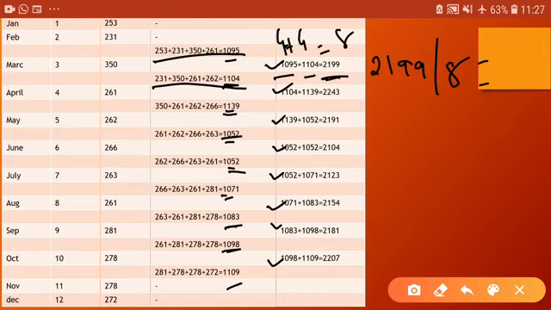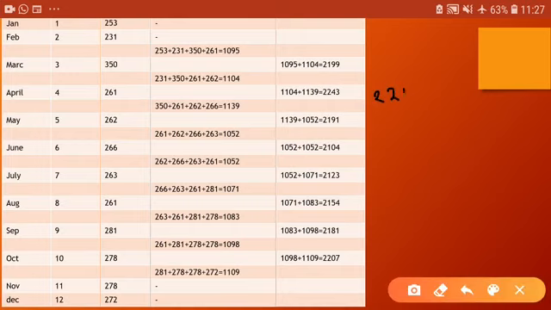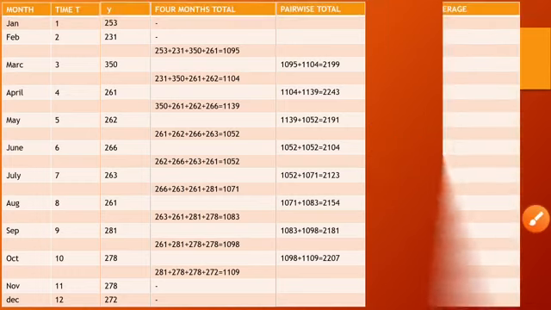So this 2199 is the total of 8 years, so you need to divide it by 8. The same way 2243, 2191, 2104 and 2154 you will divide by 8.